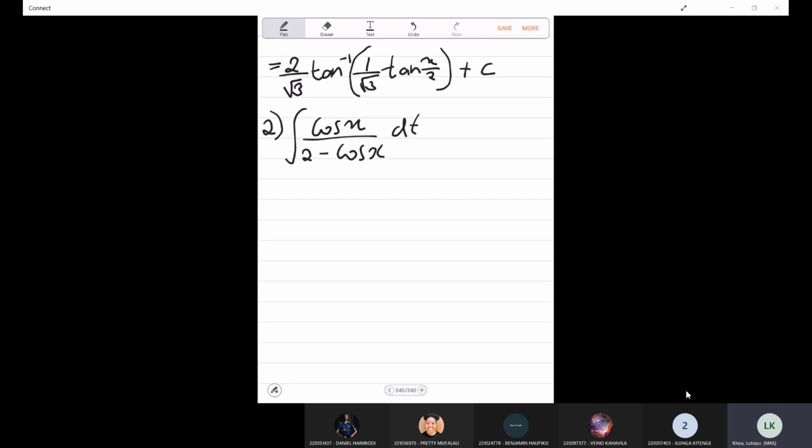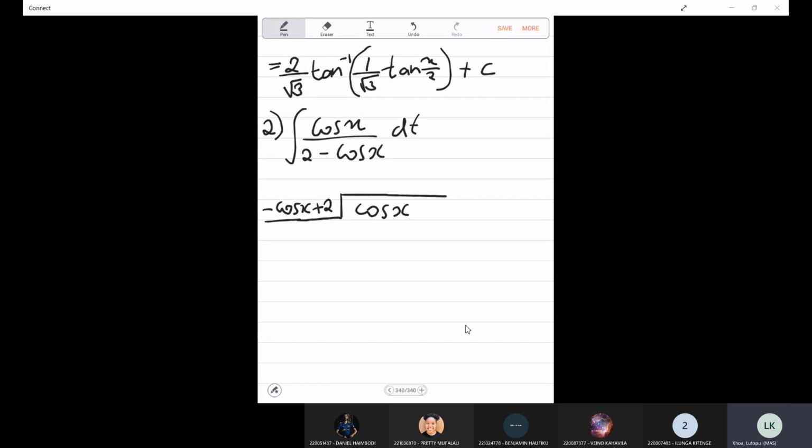So here we have 2 minus cos x, write it like this, minus cos x plus 2, and then cos x, so we perform long division.